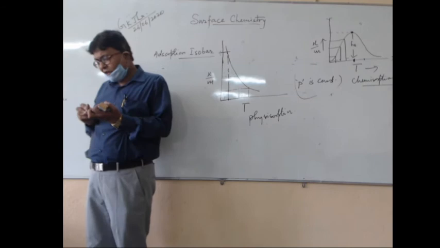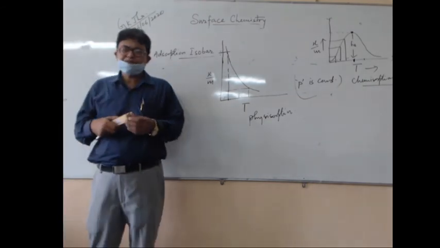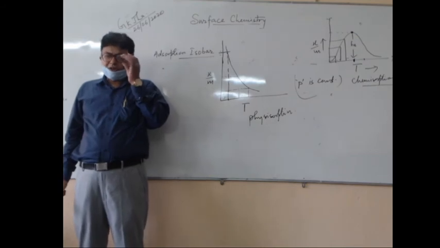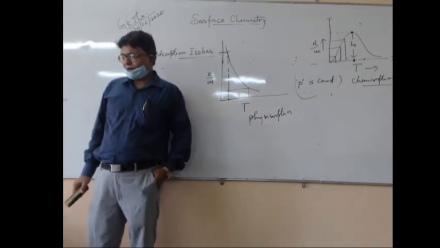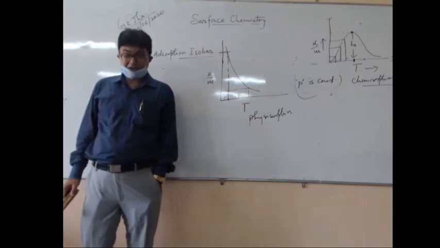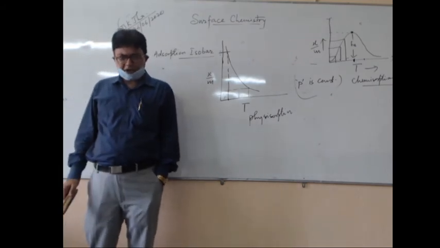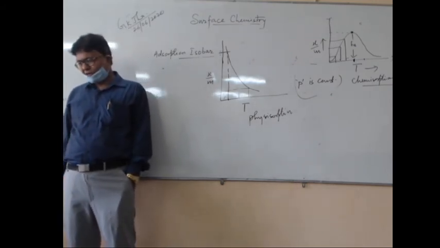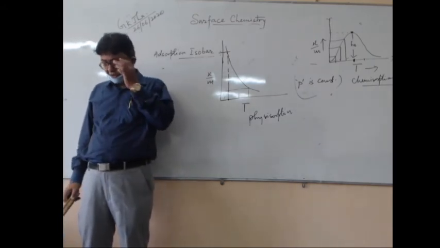Children, in this class, finally I am summarizing the class. You know, we told at the very beginning that surface chemistry is about the property of surface. So surface phenomena we deal with in surface chemistry. The key issue is adsorption.